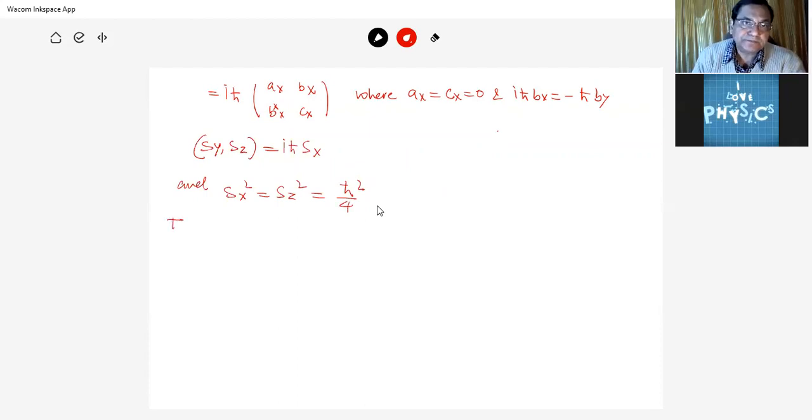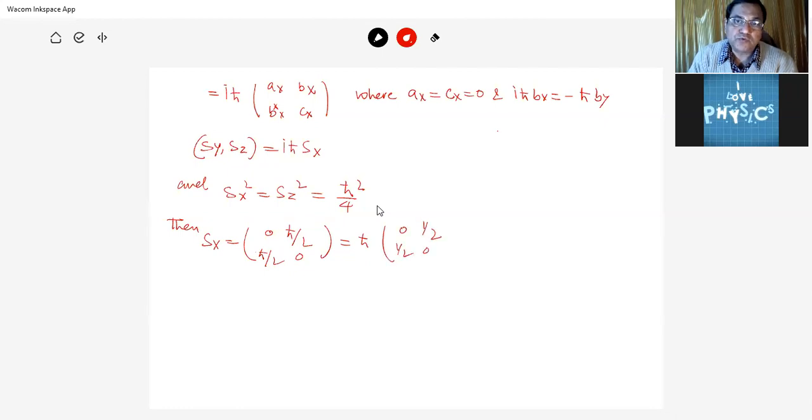Then Sx is [0, H by 2; H by 2, 0]. That is H cross by 2 times [0, 1; 1, 0], which is known as H cross by 2 sigma x.